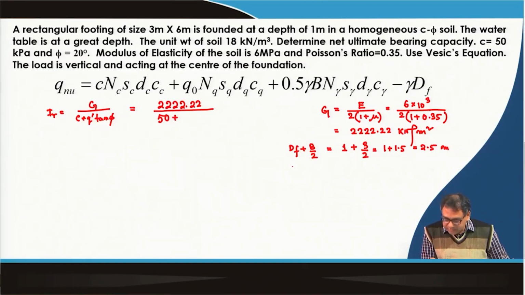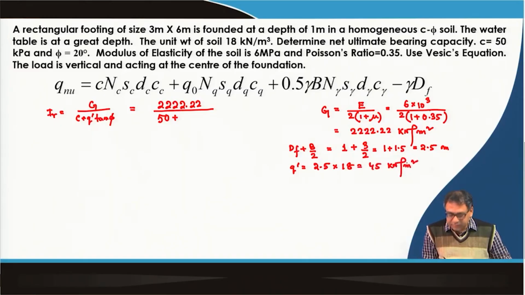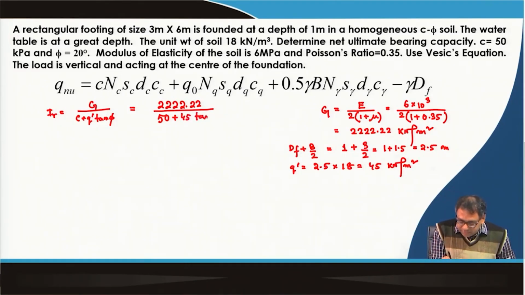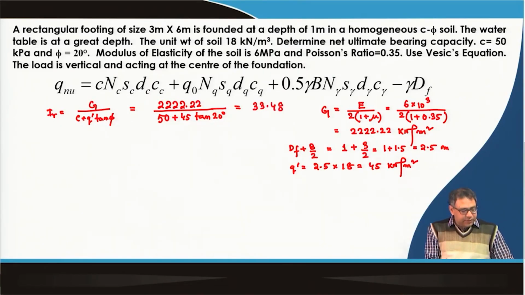So, q dash will be 2.5 into unit weight 18, which is 45 kilonewton per meter square. So, 45 into tan 20 degree. Okay, so this value is coming out to be 33.48.